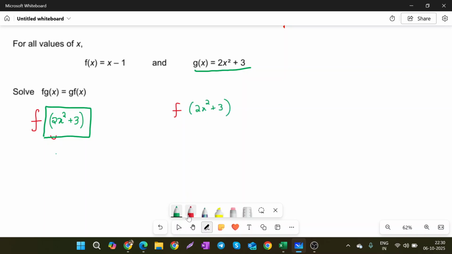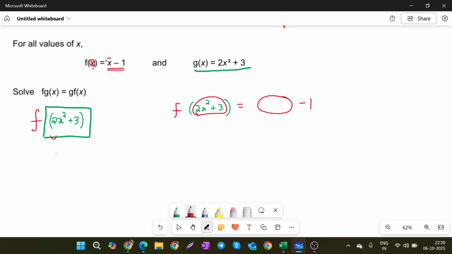I hope it's okay so far. Now, you ask yourself, what does f do to its input? It basically takes away 1. So if you think of this entire thing as your input, I should be doing that entire circle and then take away a 1.